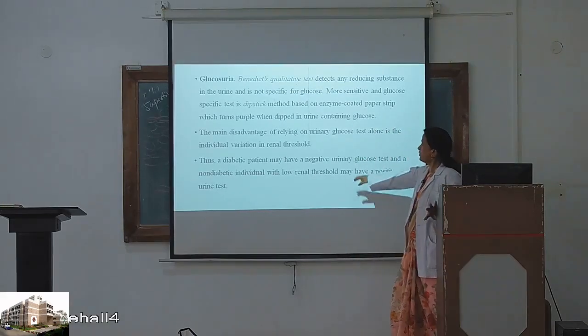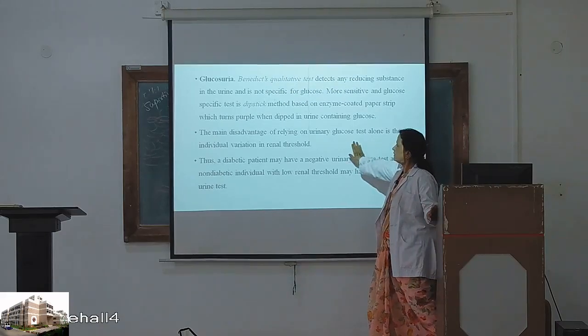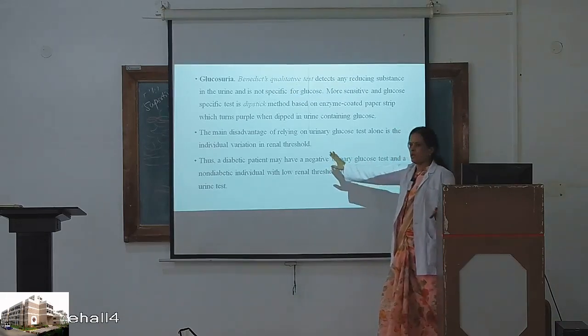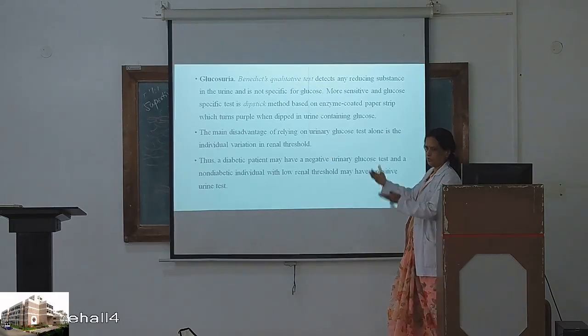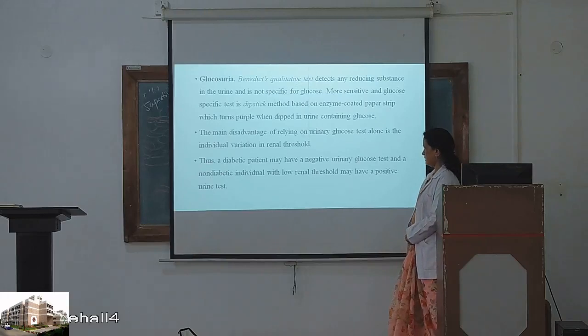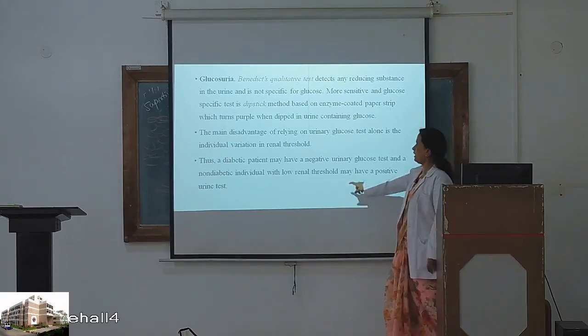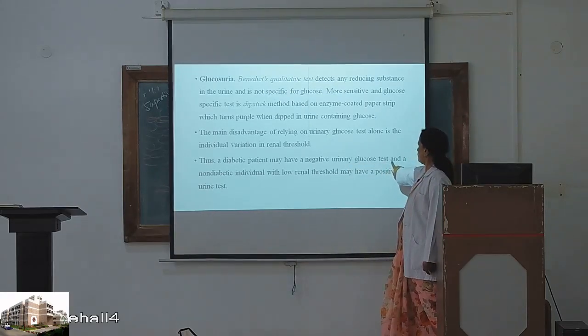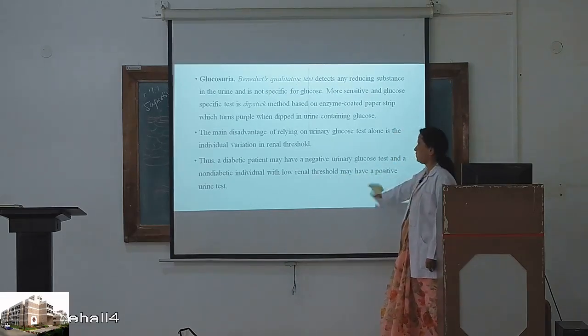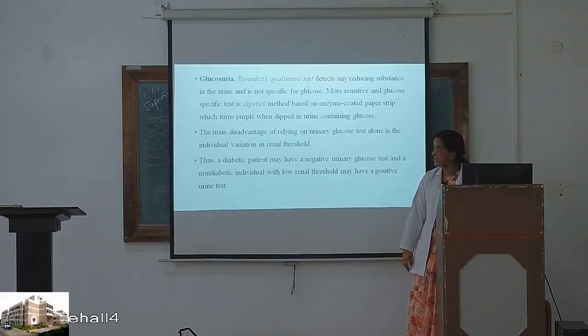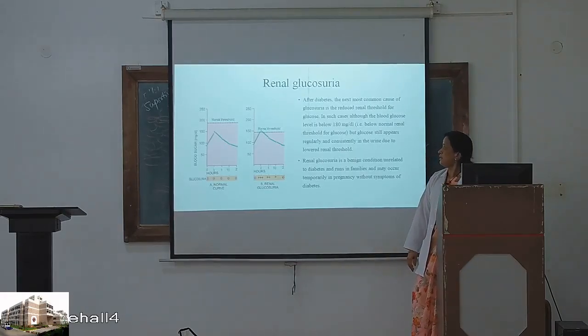The main advantage of relying on the urinary glucose test alone is to know the renal threshold. But if patients are on treatment, we can tell them to go ahead with the strip reagent test. A diabetic patient may have a negative urine glucose test, and a non-diabetic with low renal threshold may have a positive test. So what is renal glycosuria?